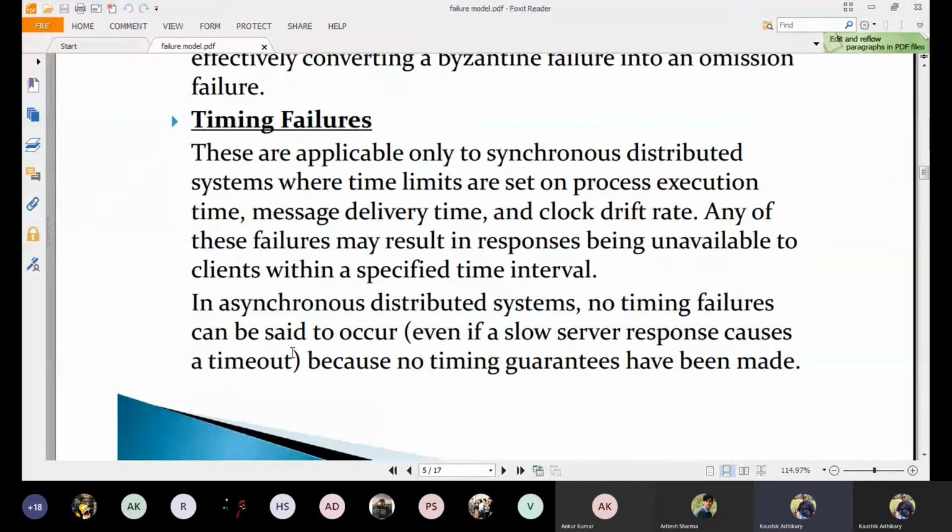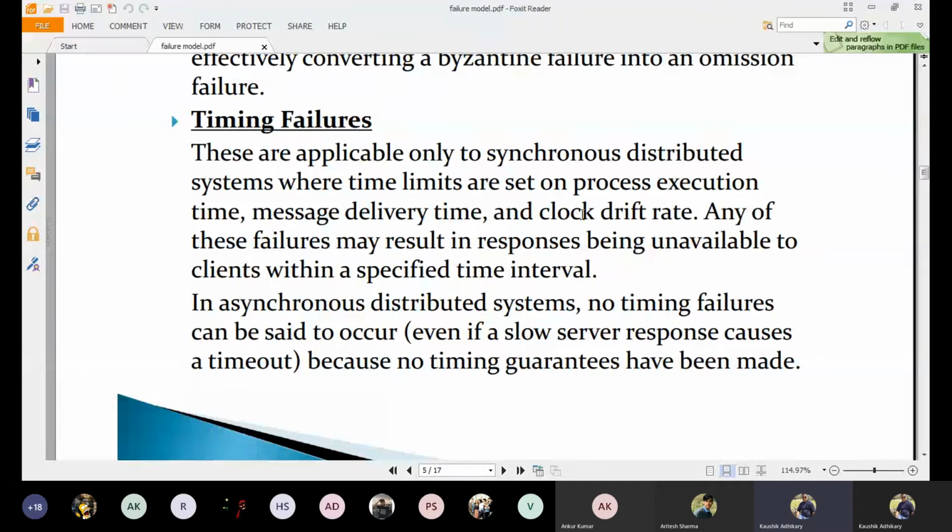Means this type of failure is only possible in synchronous distributed systems where we have a time limit. Within a time a process should execute, within a time the message should be delivered, and we have a clock drift rate, that is, there is only a certain change in the clocks.